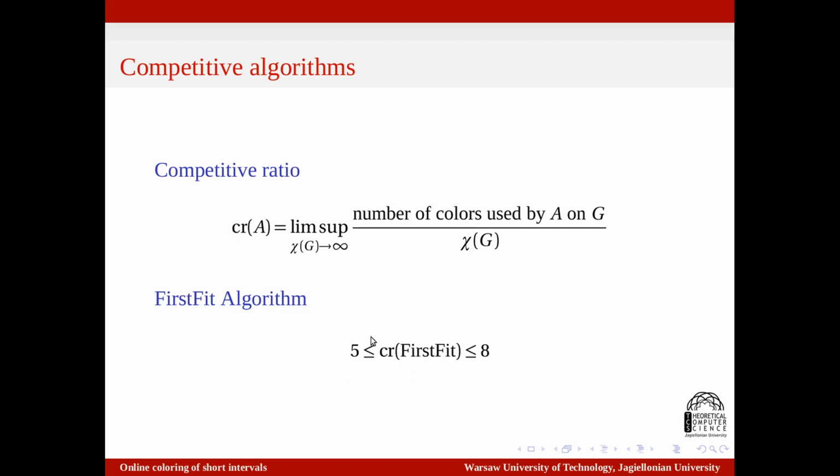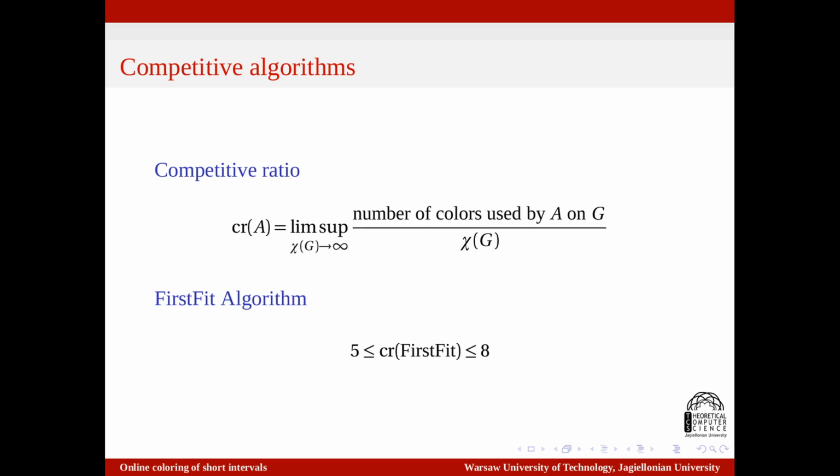And this inequality shows that there are some instances for which first fit can be fooled to use 5 times too many colors. But the important thing is that there are such instances for any large chromatic number. So this is important.